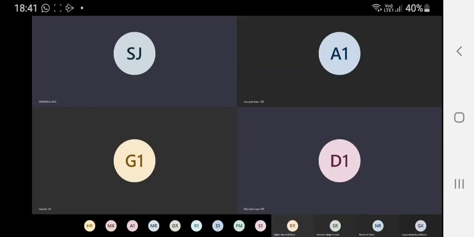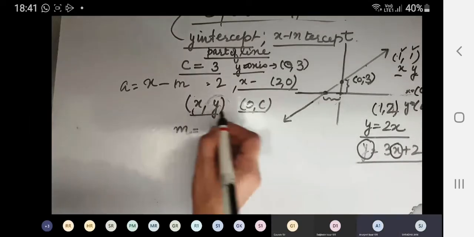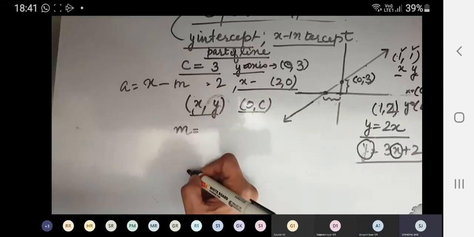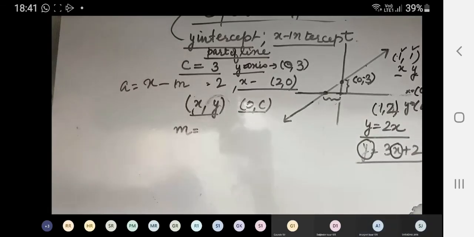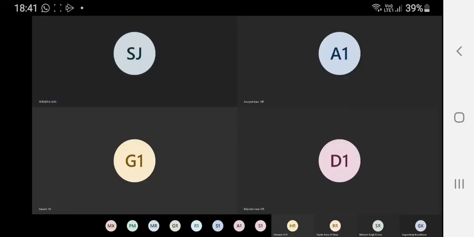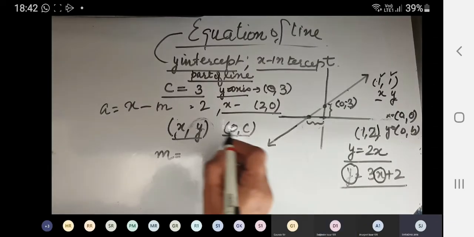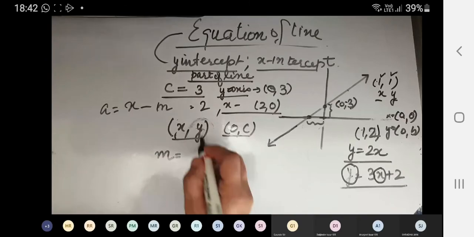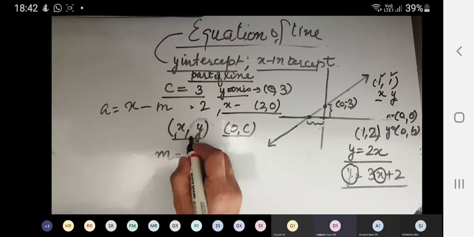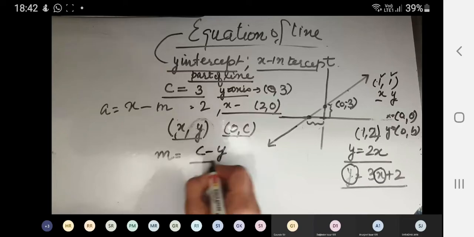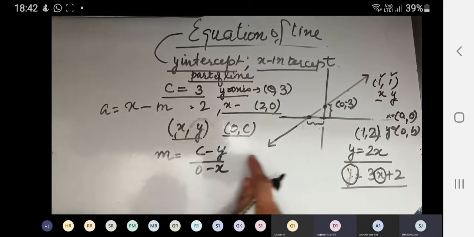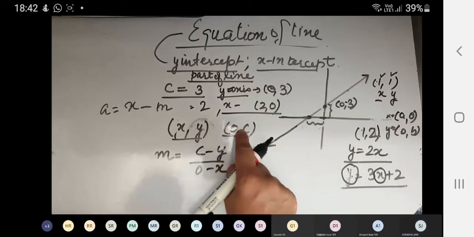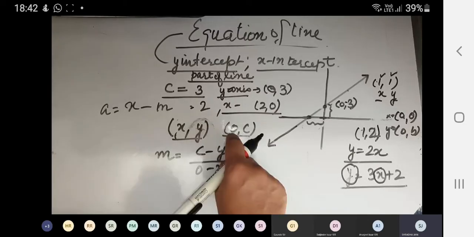Now, if the points are x, y and 0, c, can you write the slope of this line? If these are the two points, what is the slope of the line? c minus y upon 0 minus x. Correct. So all of you understand how we have done? y2 minus y1 upon x2 minus x1.